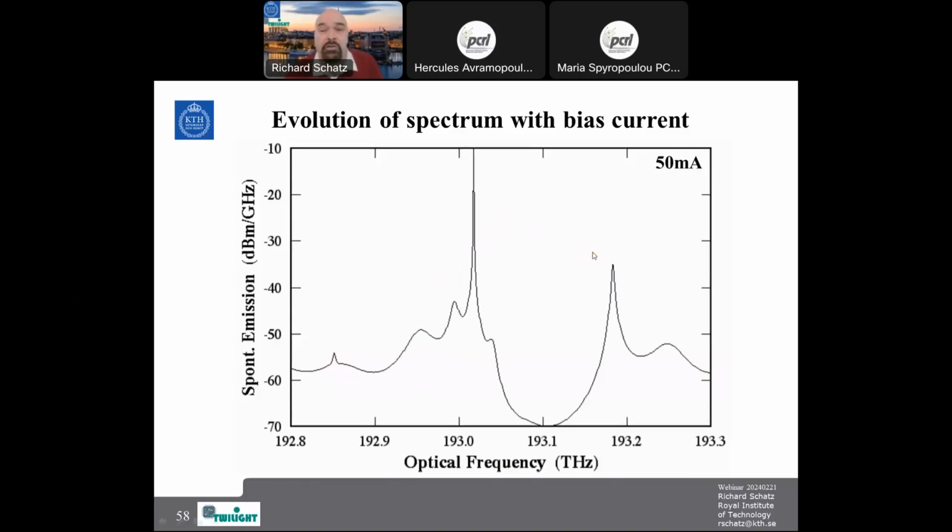At 50 milliamp, we see the resonance frequency increases, and it goes towards this side mode we have here. Here we have a cavity resonance, and you see the resonance frequency is moving toward that. It increases with bias and goes closer and closer. Here we have a carrier-photon resonance and the photon-photon resonance, which is the side mode, and they are coming closer and closer to each other.